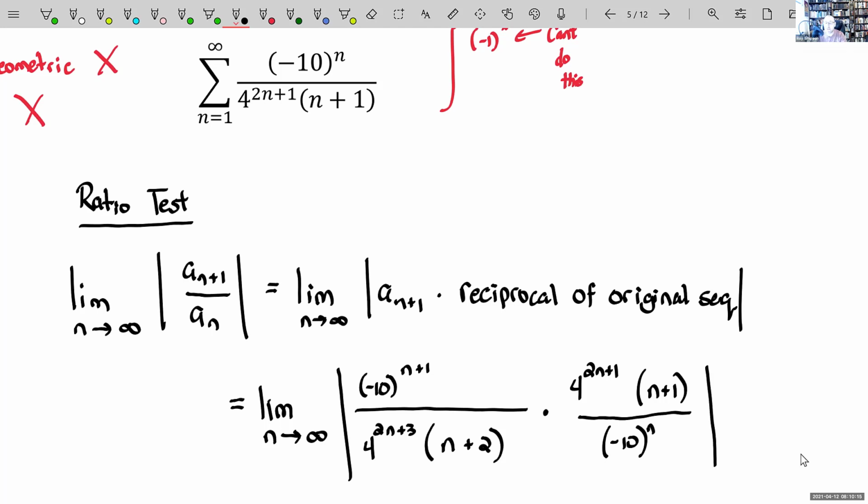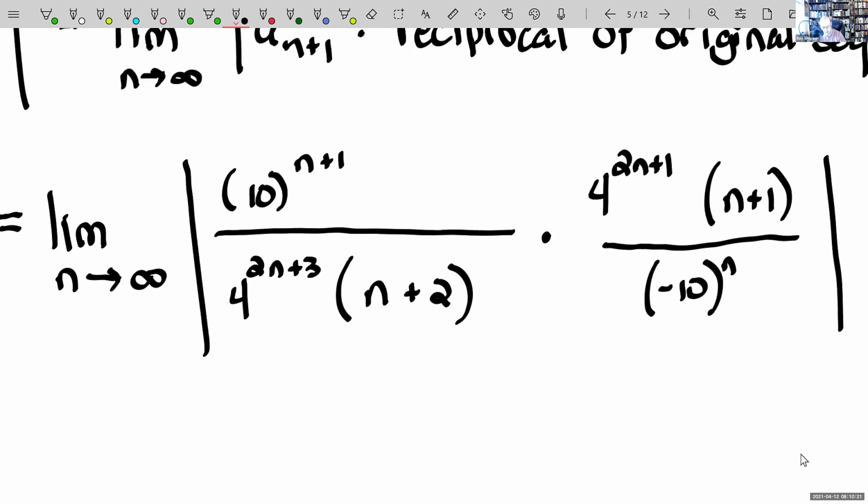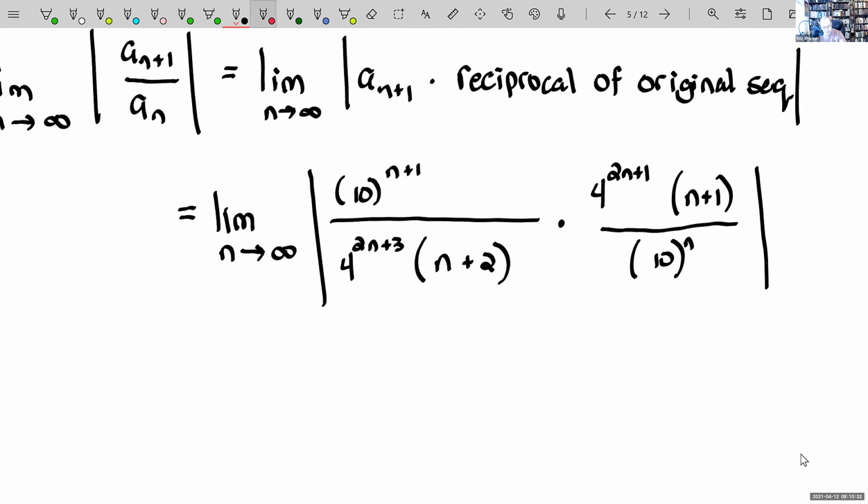Now, the negatives don't matter. You're taking an absolute value, so you can erase those negatives. In fact, that's what I'm going to do. I'm just going to erase the negative there and the negative there. No need to have those because you're going to take the absolute value. Now let's clean this up. 10 to the nth goes into this 10 to the nth, and I'm still left with 10 to the first.